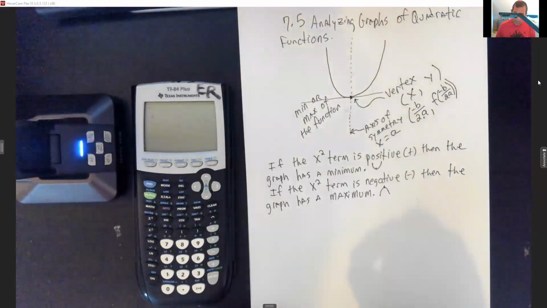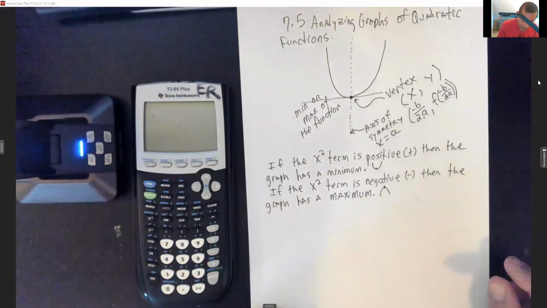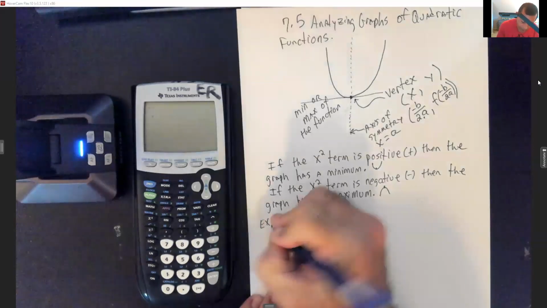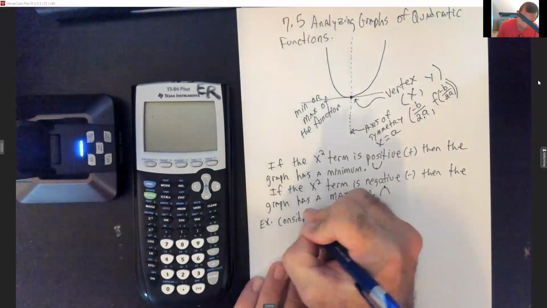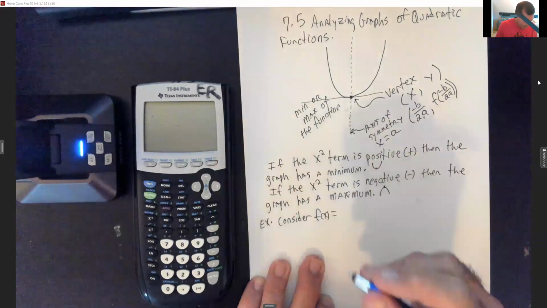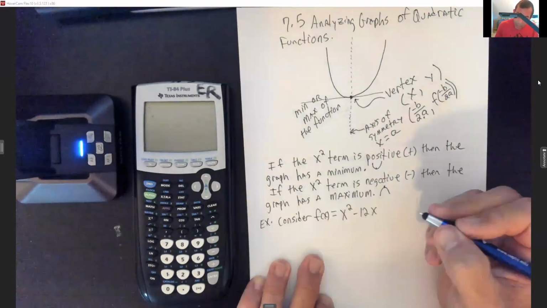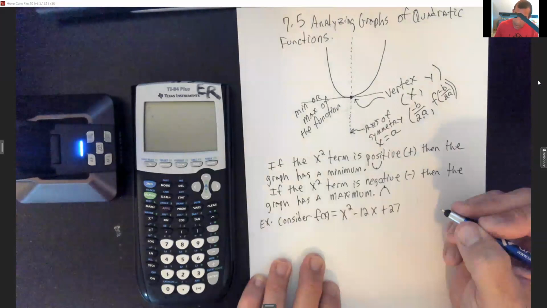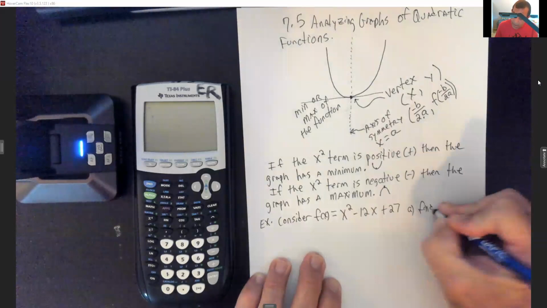All right, so what I'm going to do is we're going to consider f of x equals x squared minus 12x plus 27. A, I'm going to find the vertex.